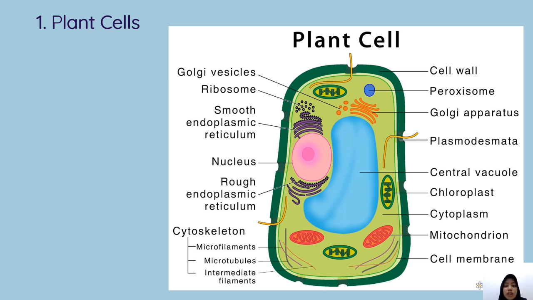The function is helping in the contraction of muscles, and then helping in cell movement, and then aiding in cell division, and then maintaining cell shape, and then helping in the flow of cytoplasm including nutrients within the cell or cytoplasmic streaming.